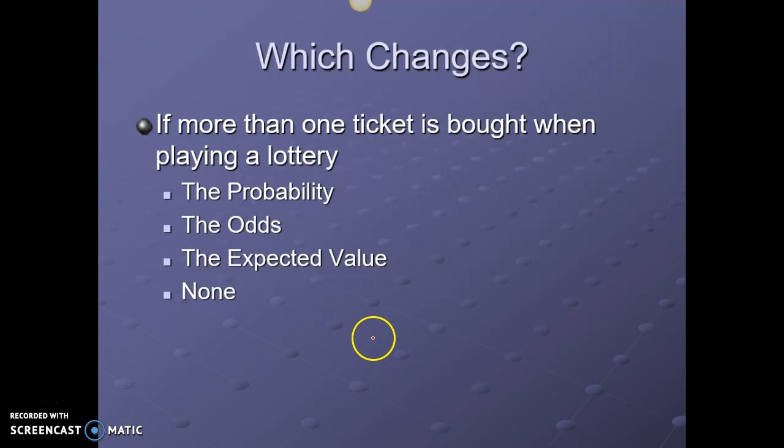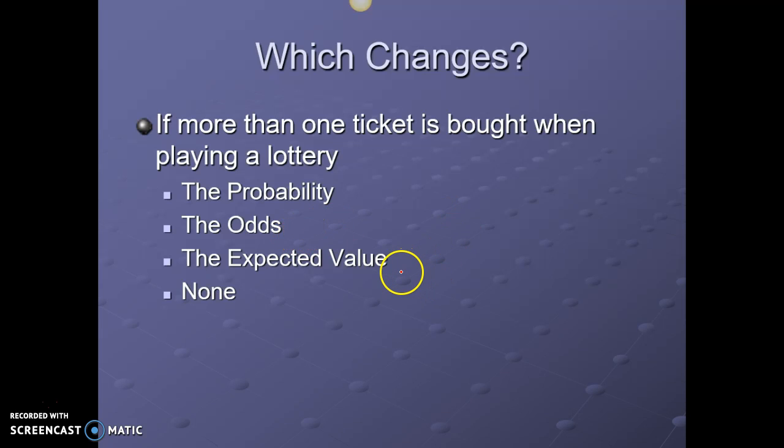Many times we talk about how, as the value of the lottery increases, everybody goes and buys more tickets. So if we buy more than 1 ticket when playing the lottery, does the probability increase, decrease, or stay the same? Do the odds increase, decrease, or stay the same?